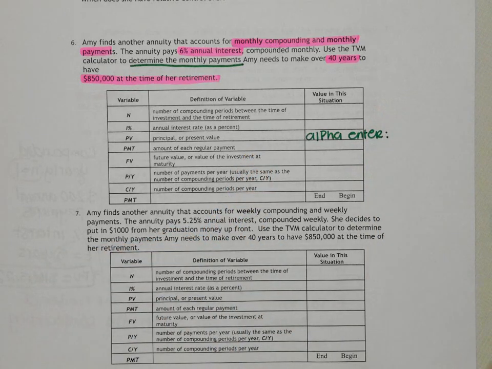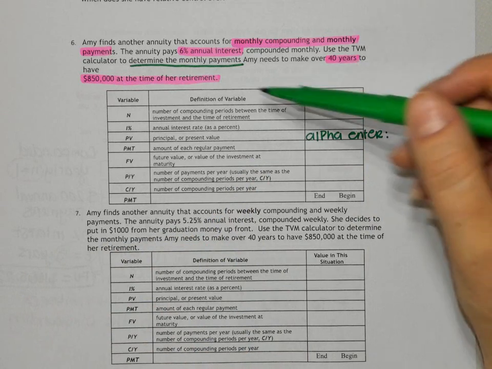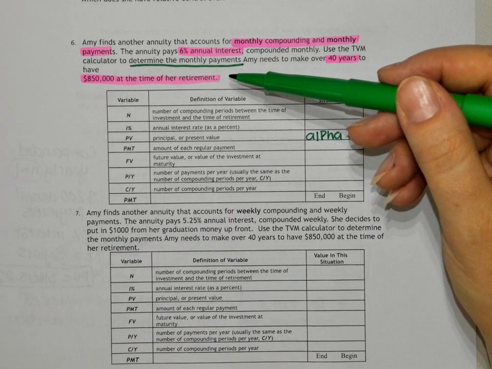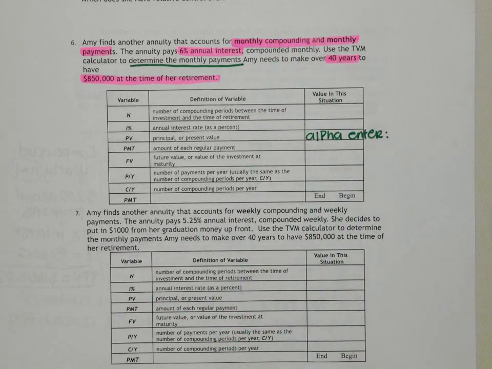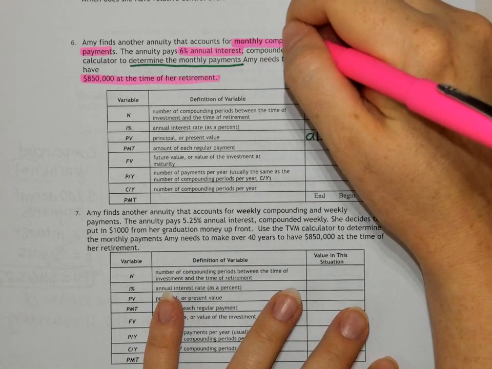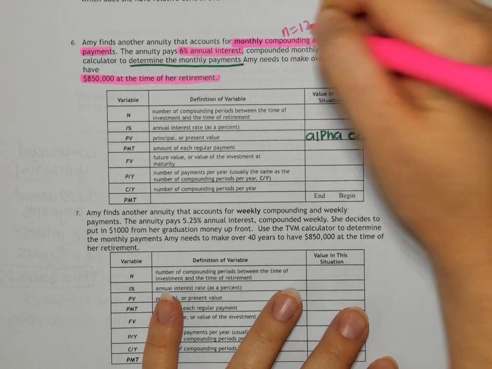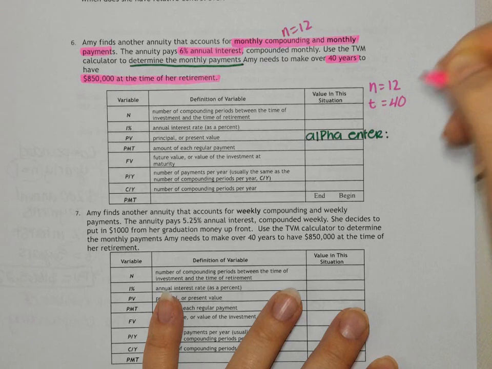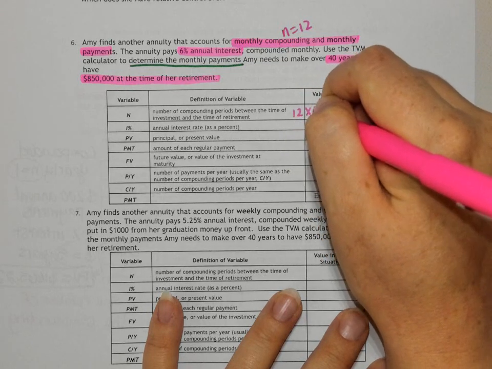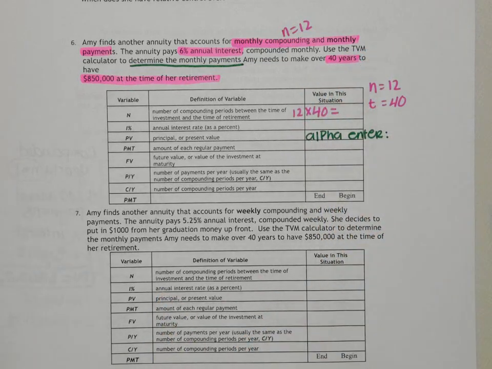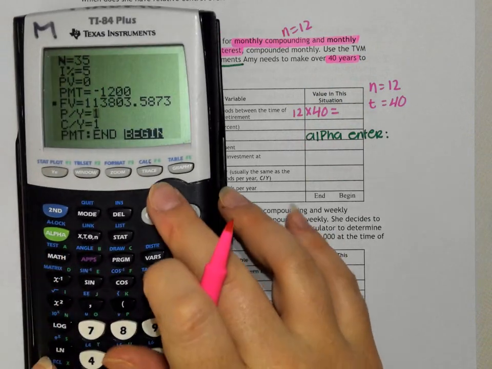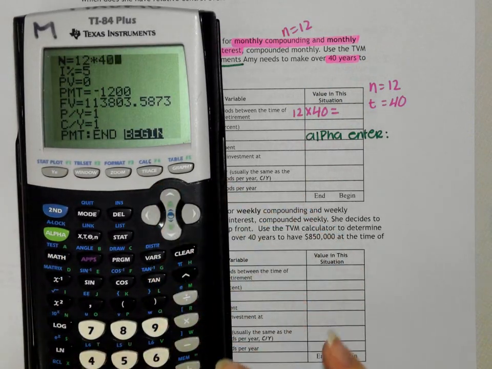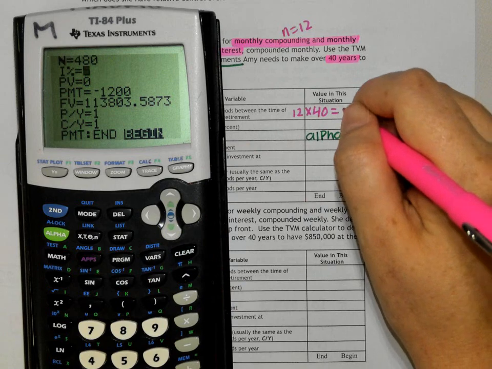We want to figure out how much we need to be depositing every month in order to earn this amount in the future. So if it's compounding monthly, then N is 12 this time. T is 40 years, so you multiply those numbers together for capital N. 12 times 40 gives us 480.